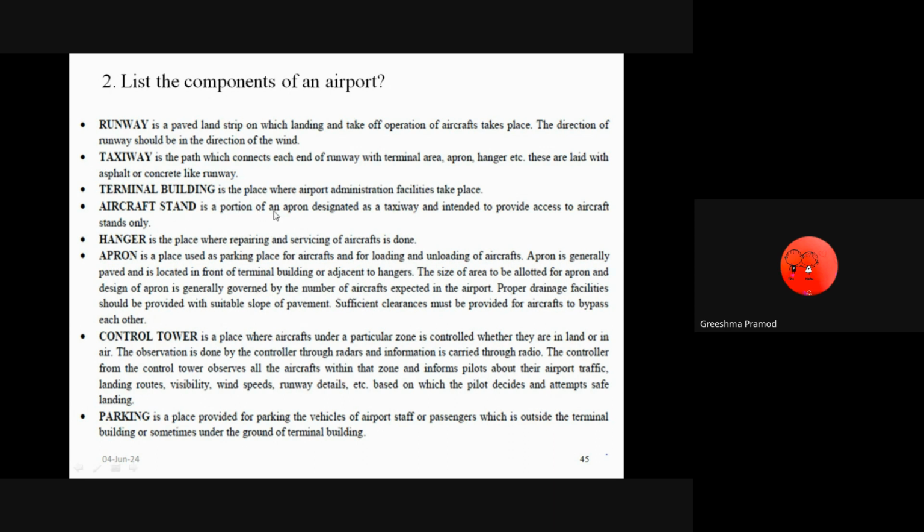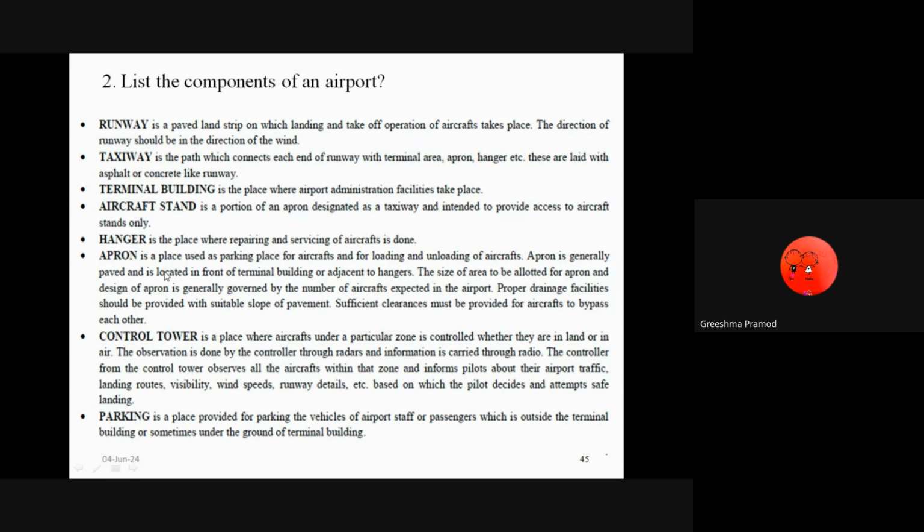Aircraft stands are a portion of an apron designated as a taxiway interface to provide access to aircraft stands only. The hangar is the place used for repairing and servicing of aircraft. The apron is a place used as a parking place for aircraft and for the loading and unloading of aircraft.